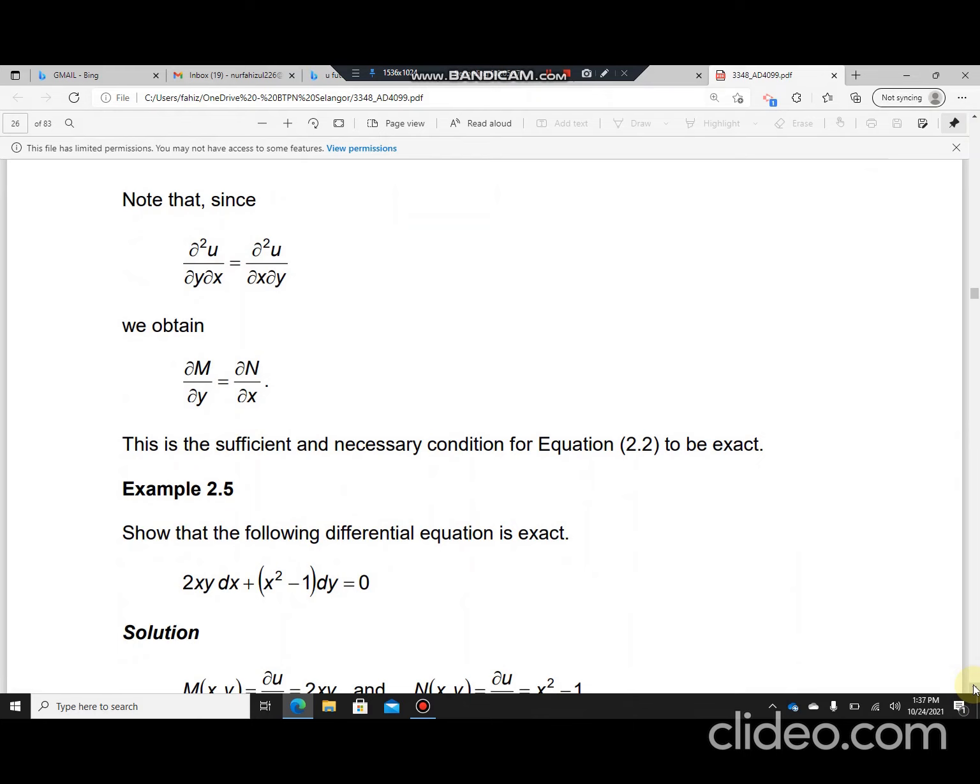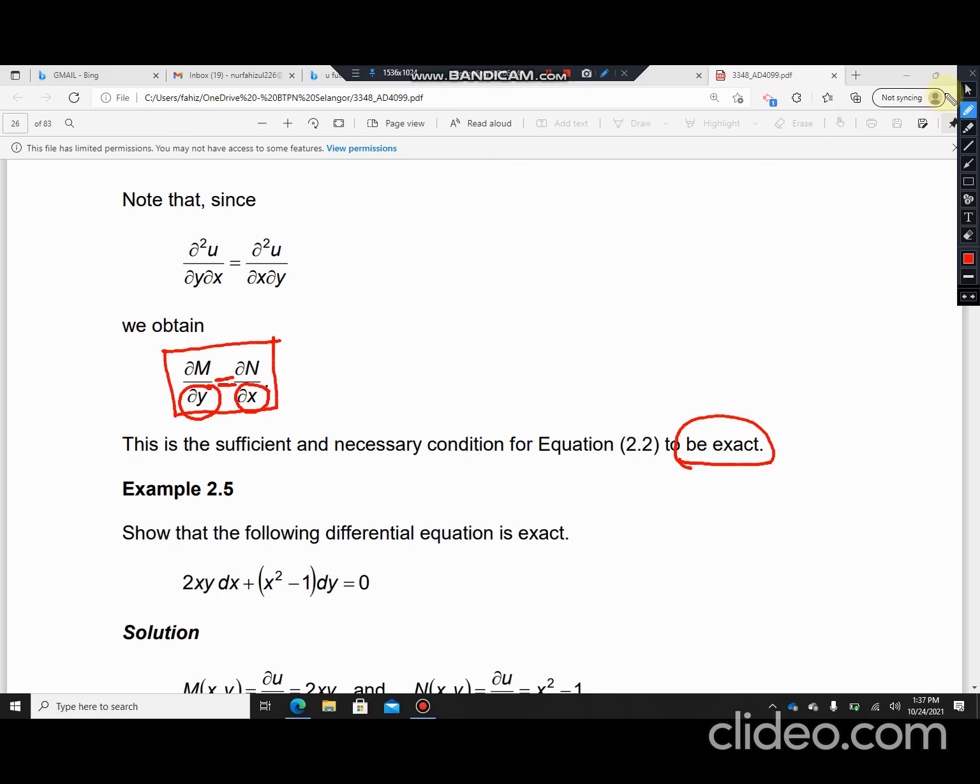So it means that for us to say it is exact, you must show that ∂M/∂y must equal ∂N/∂x. That means we have two functions M and N. You differentiate M with respect to y, and N with respect to x, and they must be equal for it to be an exact differential equation. So for an exact differential equation, you must show that ∂M/∂y is equal to ∂N/∂x.